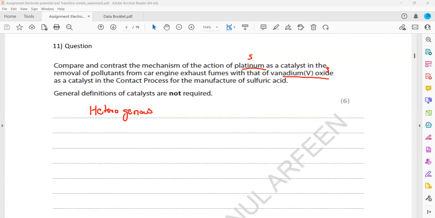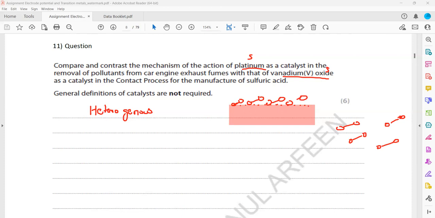If this was a catalyst, they trap the reactant particles on the surface. So two things happen. Within the reactant particle, there are bonds, and these bonds become weaker. That is one thing. The second thing, it increases the concentration at the surface, because in a gaseous state, the particles are moving randomly. There is no specific position.